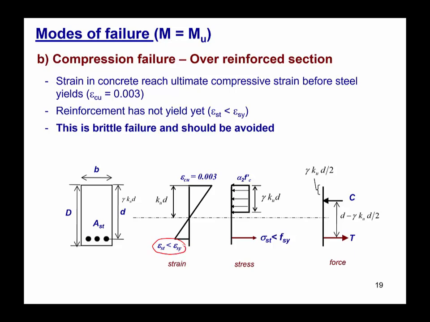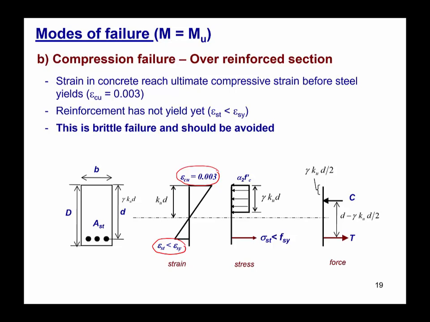That means steel hasn't yielded yet, but the concrete will crush first, compared to the tension failure. In the tension failure, the steel will yield first and the concrete will crush. But in the compression failure, the steel hasn't yielded yet, but the concrete will crush first and the beam is considered to fail.